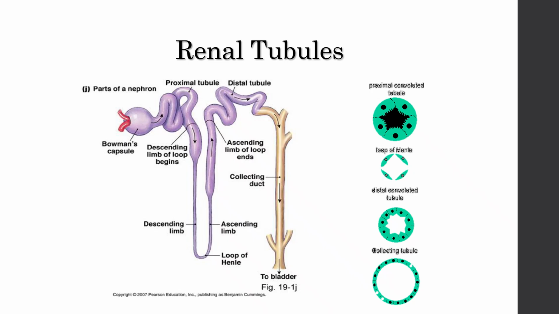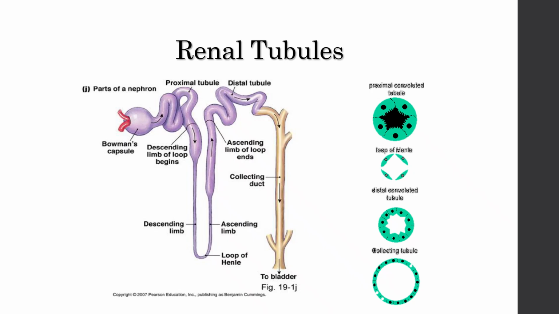It reclaims glucose, amino acids, and bicarbonate. Histologically, it has tall cuboidal cells, abundant eosinophilic cytoplasm, and prominent brush borders, which makes the lumen look fuzzy, irregular, and dirty. If you see a tubule with a messy lumen, that's probably proximal.